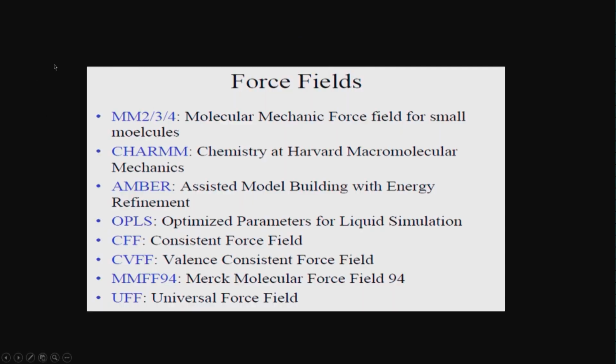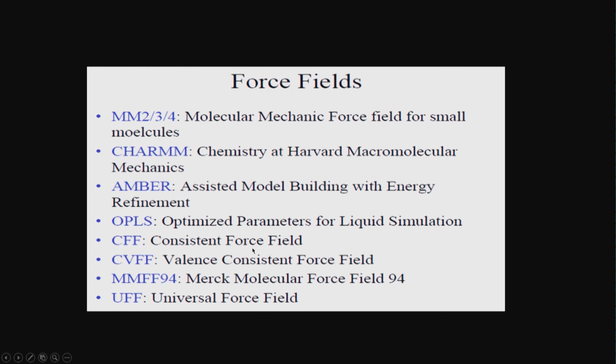There are different types of force fields depending upon what type of parameters they choose, what type of equations they choose. Like one family MM2, MM3, MM4, these are molecular mechanics force fields for small molecules. These are very good. MM2 or MM3 is good enough for small molecules if you are looking at drugs. CHARMM, this is Chemistry at Harvard Macromolecular Mechanics, is another force field. AMBER, assisted model building with energy refinement. OPLS, optimized parameters for liquid simulation.